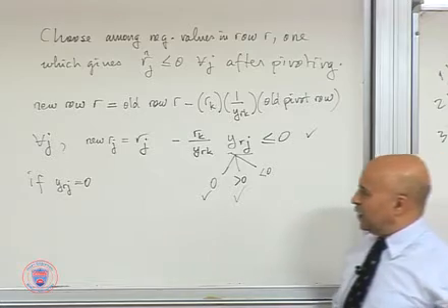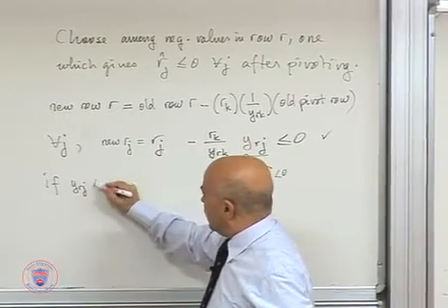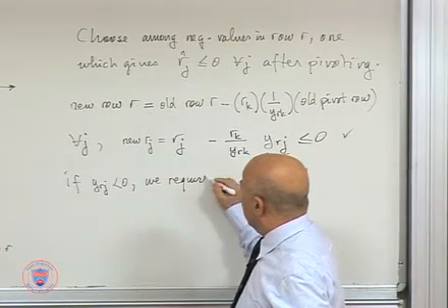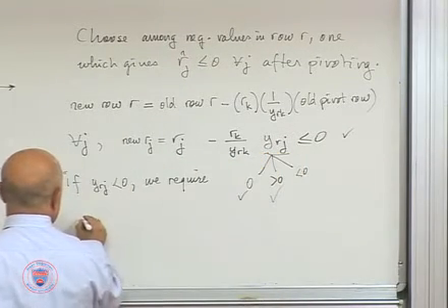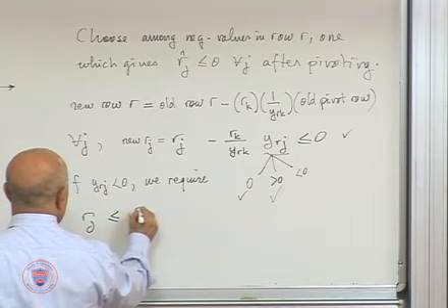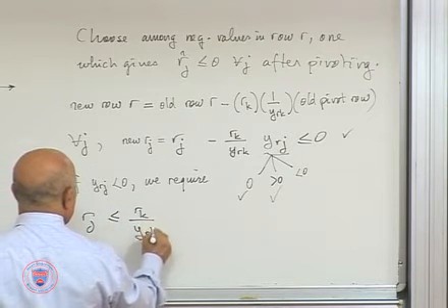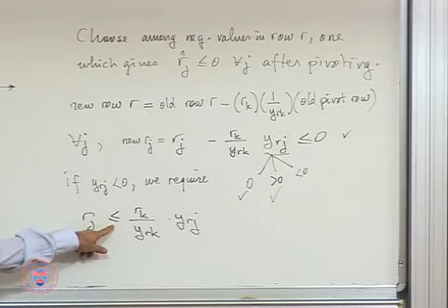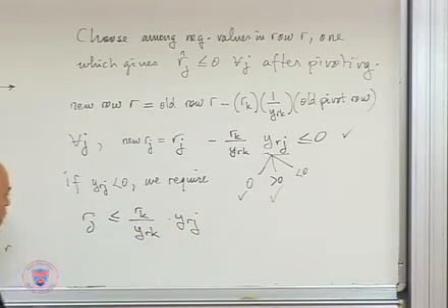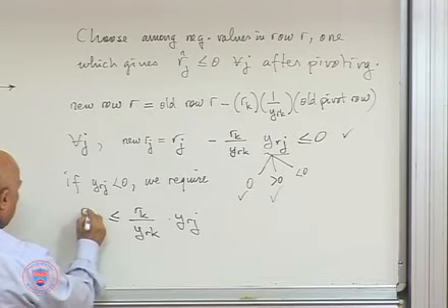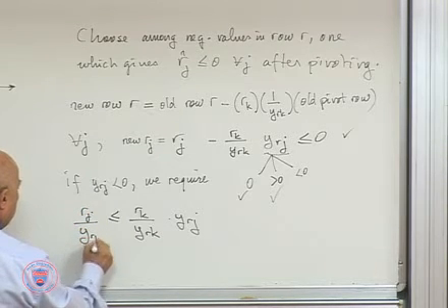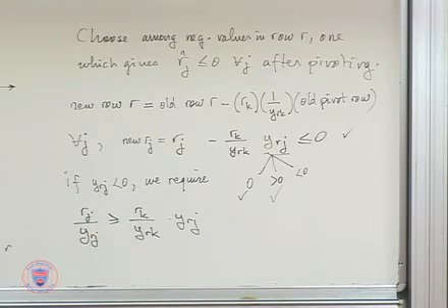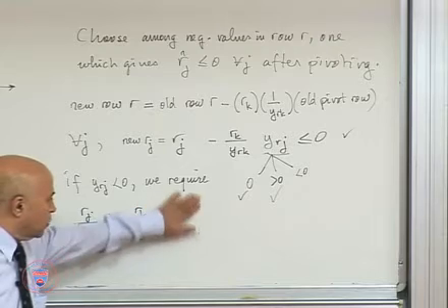Okay? So in that case, if Yrj is less than 0, we require, due to the inequality, that Rj be less than or equal to Rk divided by Yrk times Yrj. And then if I divide both sides by Yrj, I'm going to end up with Rj over Yrj here, except that Yrj is negative now, so this changes this way. And this goes away. Okay?